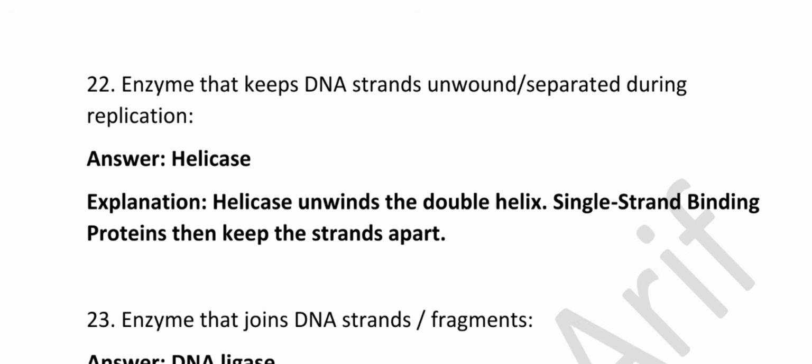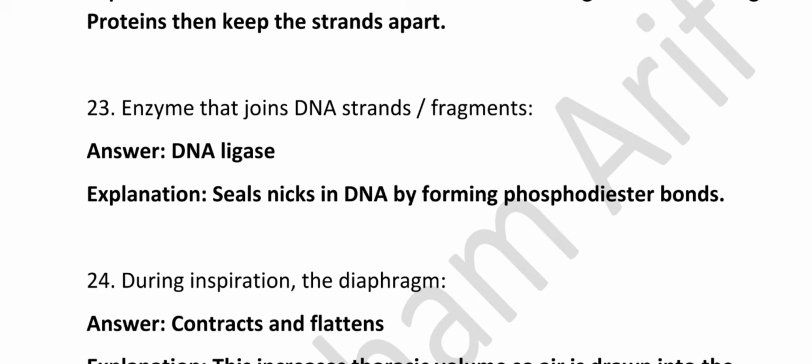Enzyme that keeps DNA strands separated during replication is helicase, because helicase unwinds the double helix, and single-stranded binding proteins then keep the strands apart. Enzyme that joins DNA fragments is DNA ligase, and it seals them by forming phosphodiester bonds.